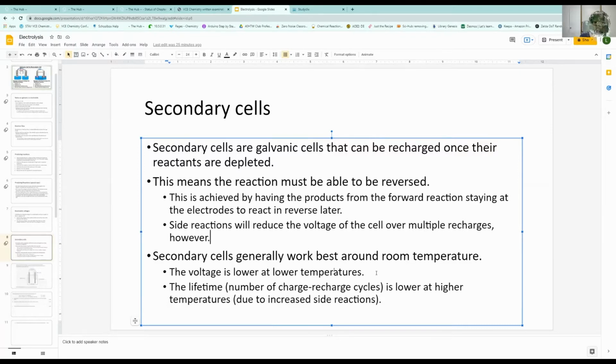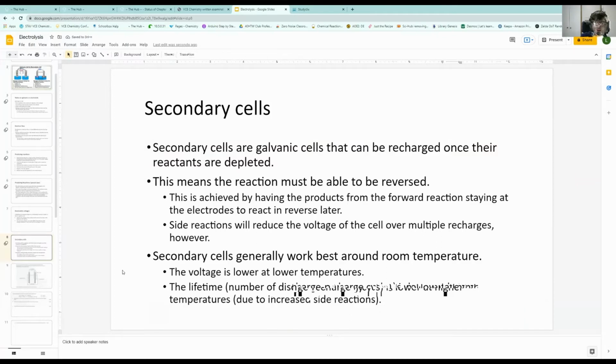If the temperature is too low, then the voltage isn't as high because the rate's slower. And if the temperature is too high, the lifetime of the battery, so how many times you can charge and discharge it, is going to be reduced because it's going to increase the amount of side reactions. That drop in voltage over time will go faster.